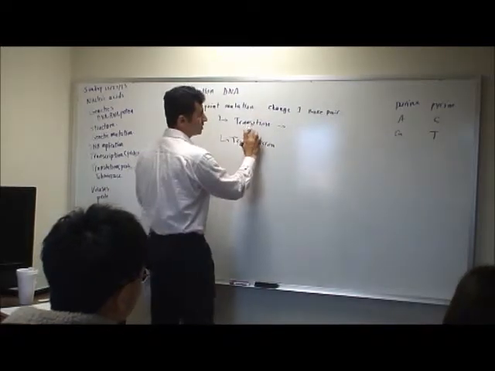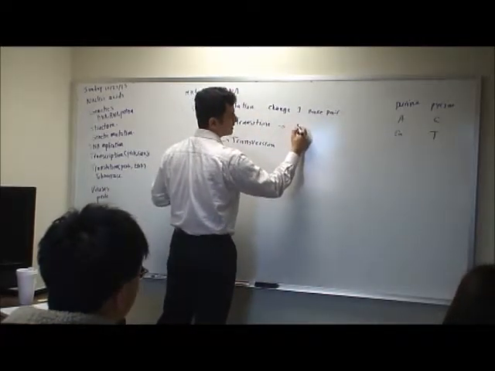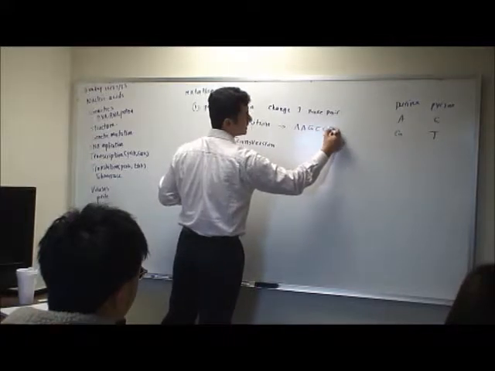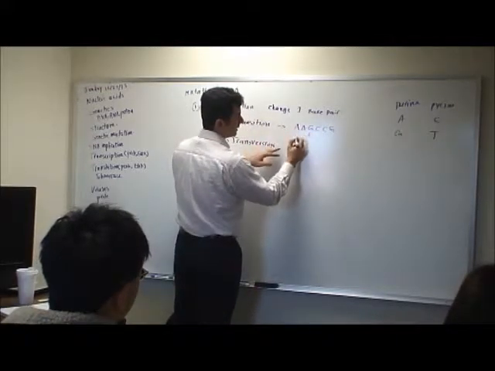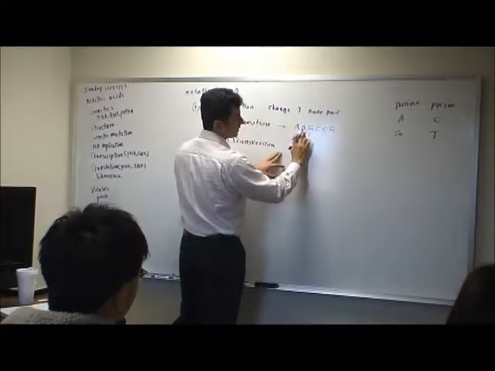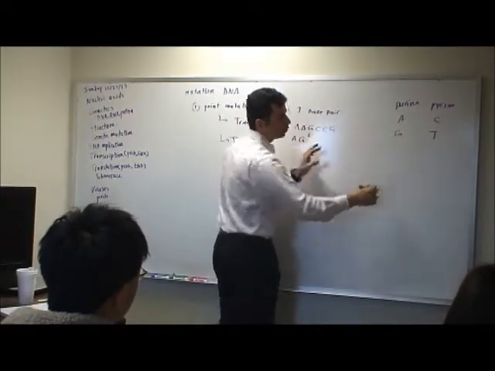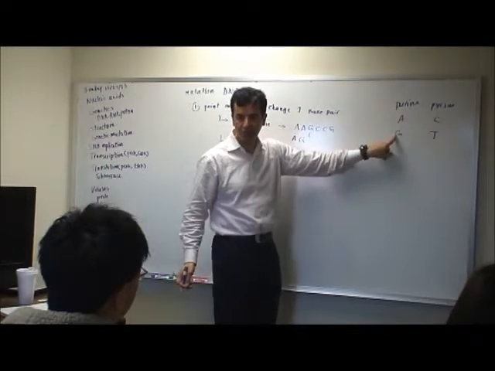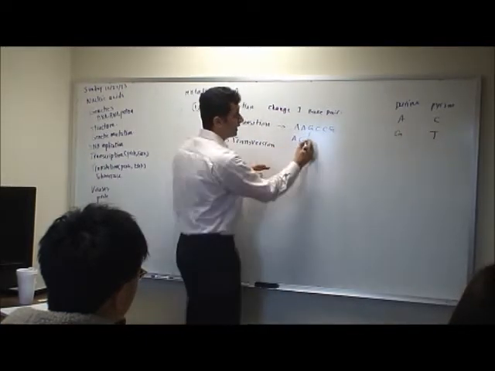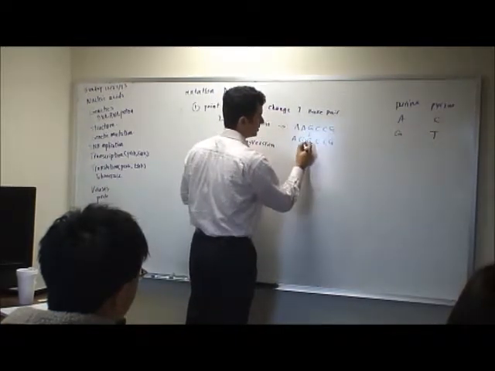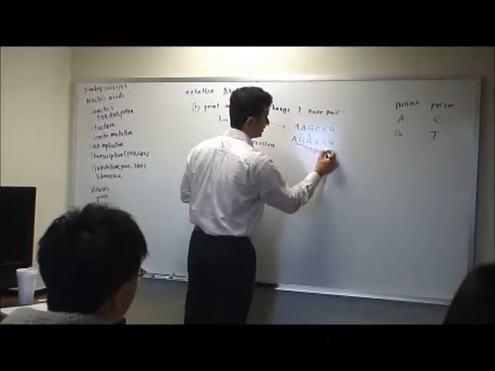So transition means in a base pair, let's say A becomes G. You cannot have C and T. Why? Because this is purine to purine. That's what they're trying to say.